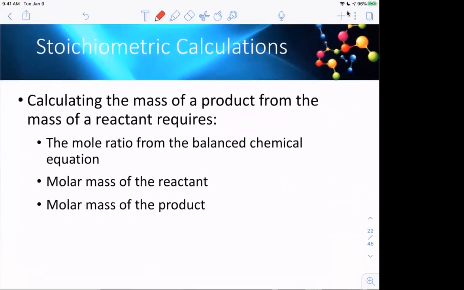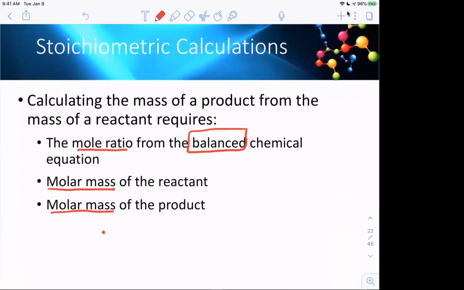So I can extend that and calculate the mass of a product from the mass of a reactant. I need to do this calculation, the mole ratio from the balanced chemical equation. If my reaction is not balanced, this does not work. I also need the molar mass of the reactant and the molar mass of the product.